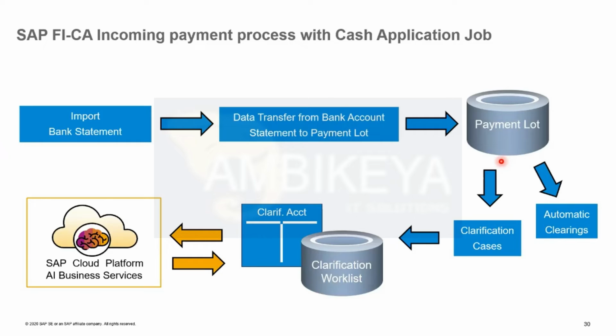And if this does not work, so then this is this 4% path, so to say, we create clarification cases, and those clarification cases can be passed to the cloud application, and we do receive back from the cloud the payment proposals, so the clearing proposals and confidence level for each payment.